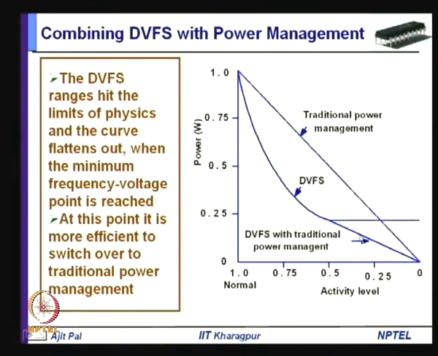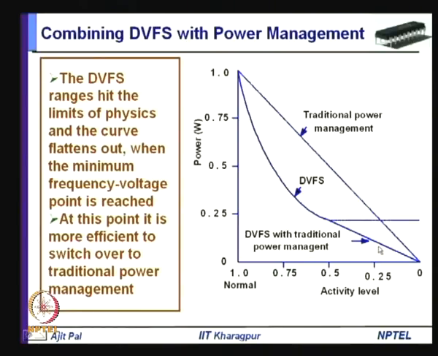However, at this point, you will resort to this conventional power management. So, maybe it will be linear, but still you can reduce the leakage power during this condition. That means, when the activity level is maybe 0.5 and lower, you can perform power management.